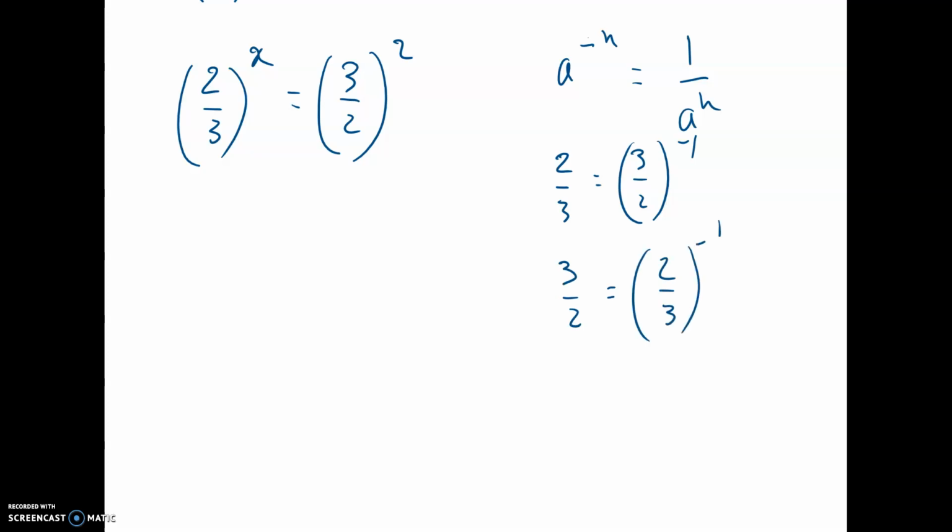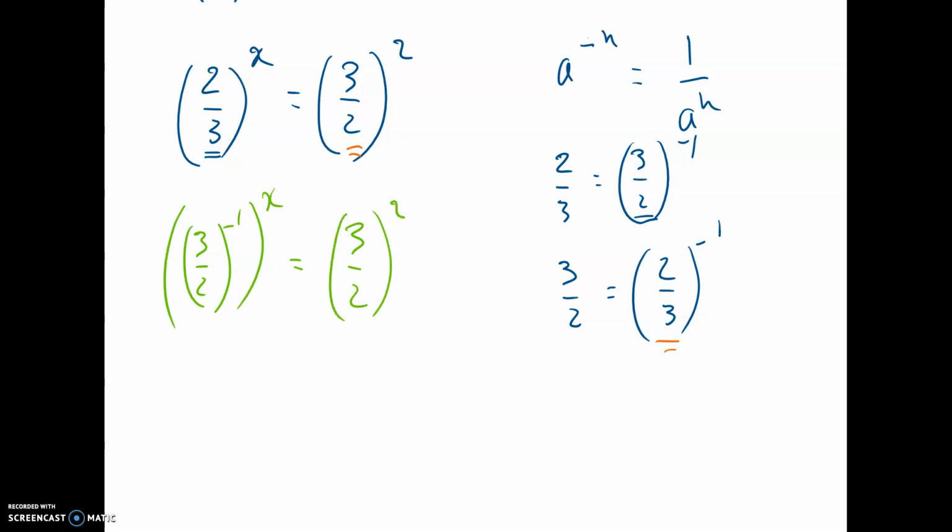I can decide to change my 2/3 into (3/2)^-1 or change 3/2 into 2/3. I'm going to change the 2/3 because we are used to writing from left to right, right? But it doesn't matter at the end. And so I end up with ((3/2)^-1)^x equal (3/2)^2.